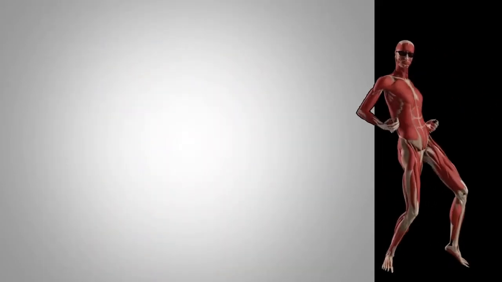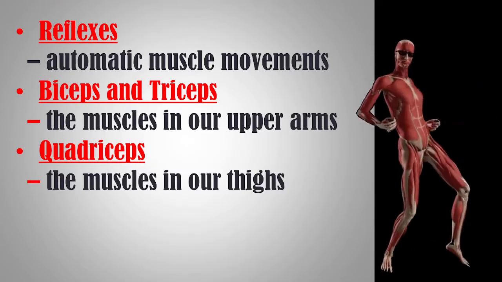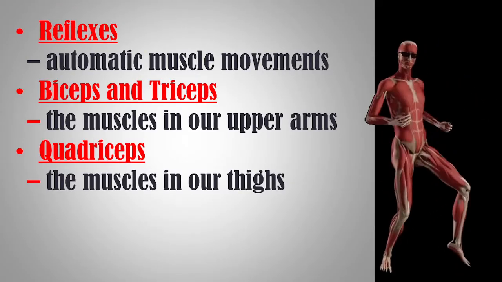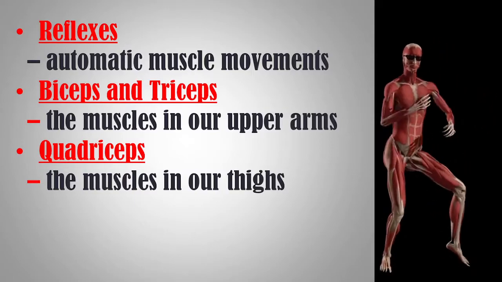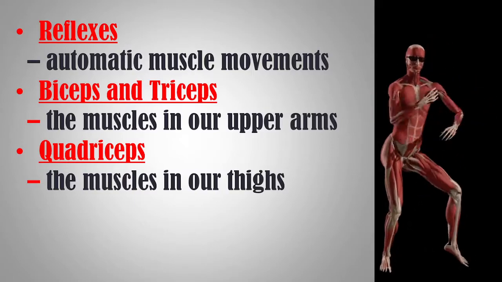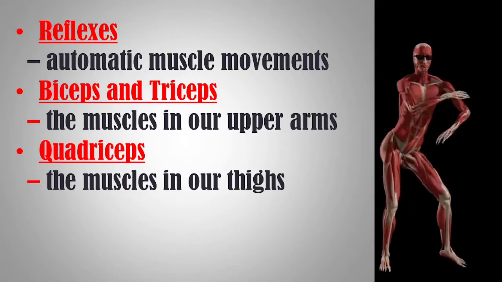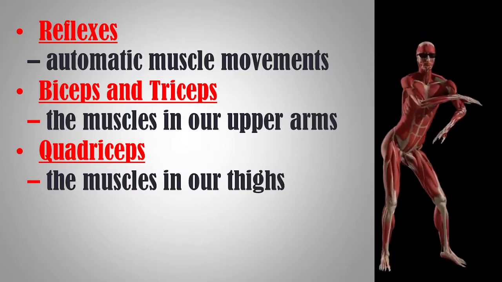You already know about that in our previous lesson. Then we have the movements of the muscle. We have the automatic muscle movements, which we call reflexes. So these are automatic muscle movements. Then we have our biceps and triceps.